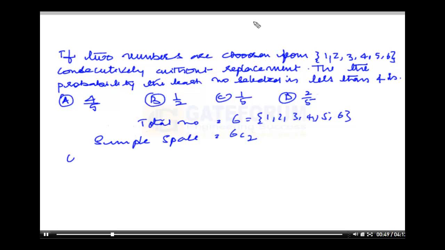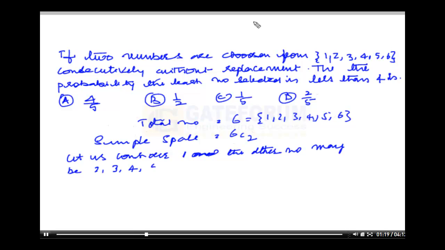Let us consider 1 and the other number may be 2, 3, 4, 5, 6, because 1 is definitely less than 4.